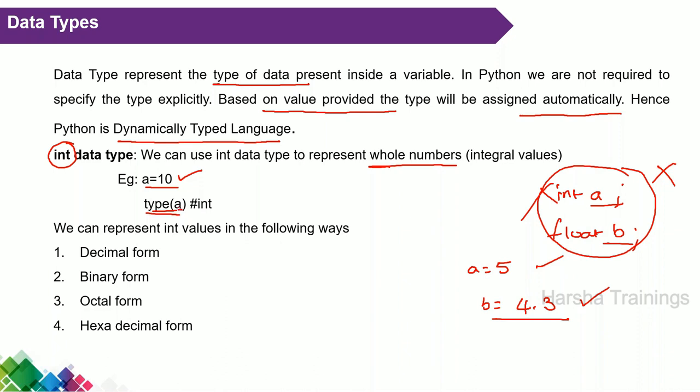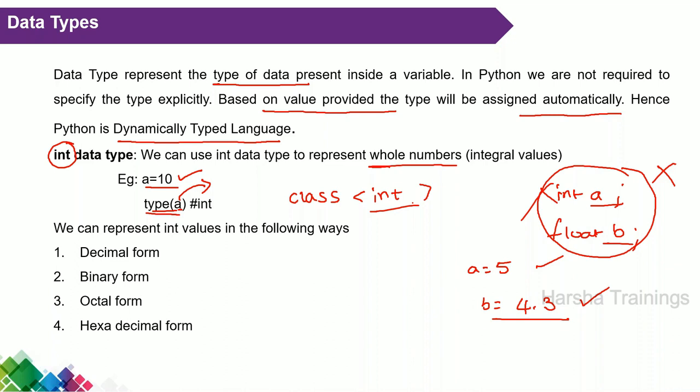So what is the output? It specifies the type of the variable, depending upon the value present in the variable. For example, a is the integer variable. Here the type is class int. That is, here a is of type integer class. This is the basic thing.